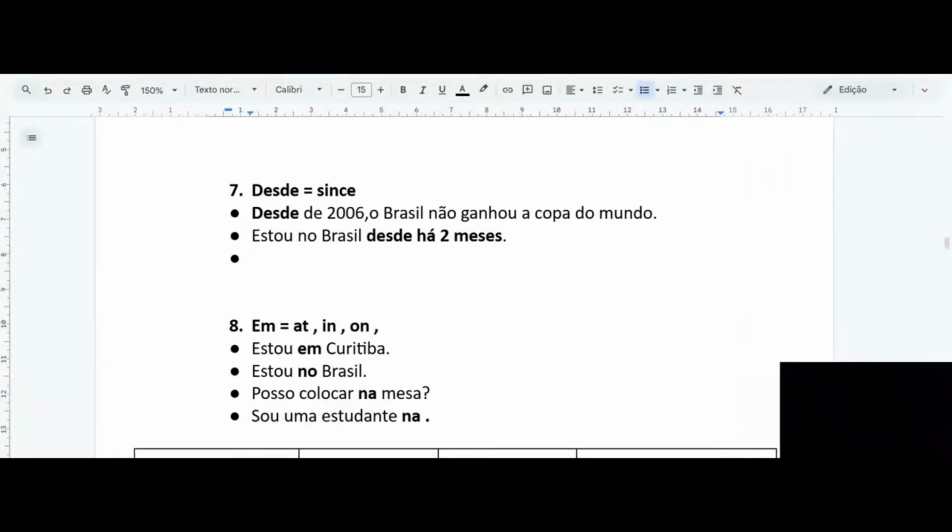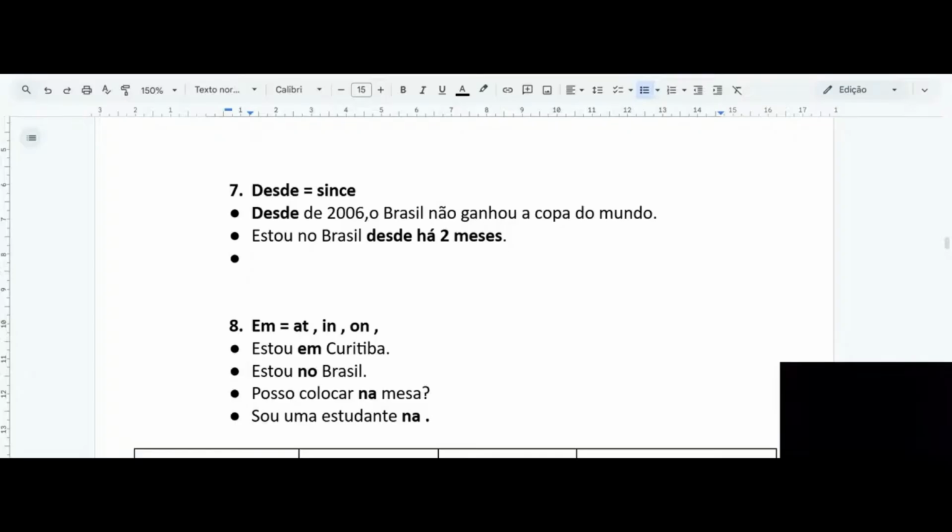Okay. You don't say "estou em Brasil", "estou no Brasil". We don't say "estou em Jamaica", "estou na Jamaica". Okay. So the "em" means in, on, and at.